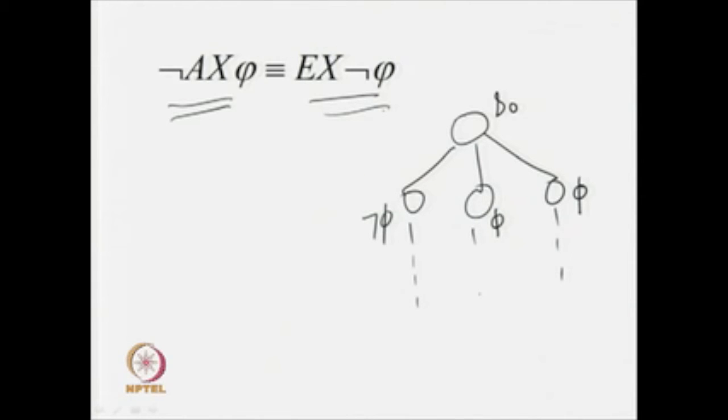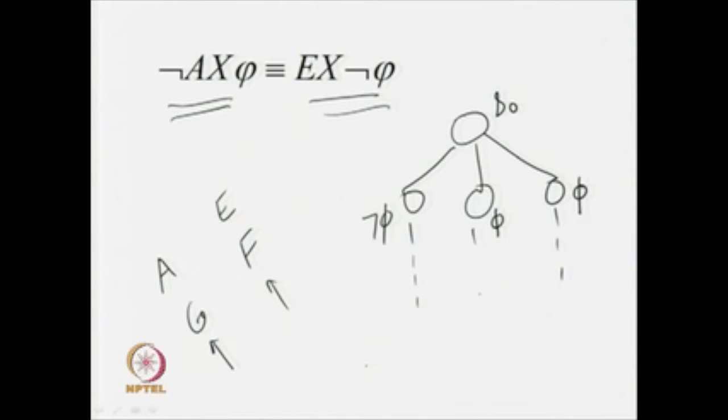Now, what we have seen is that we have the path quantifiers A and E, and the state temporal operators, basically globally and in future. So, these two can be treated as the universal quantifier, and these are basically the existential quantifier.